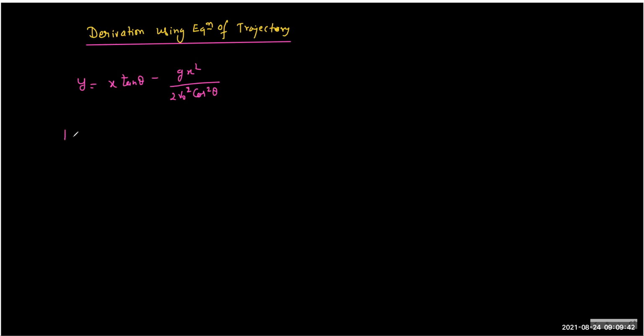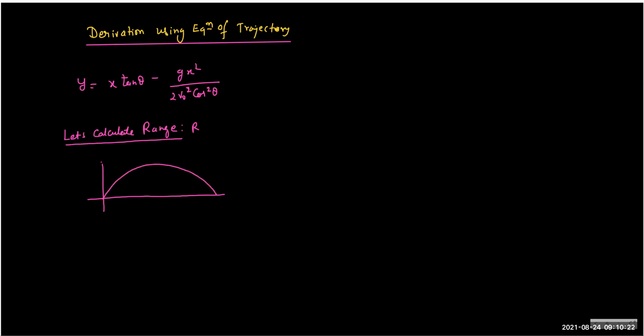So this is one way of writing. Now let's calculate the range. So what is range? It is the difference between the points, or the x coordinate at which the y value is 0.